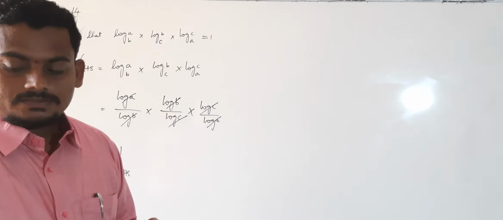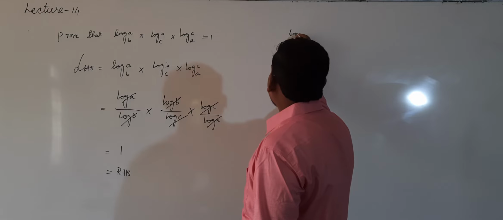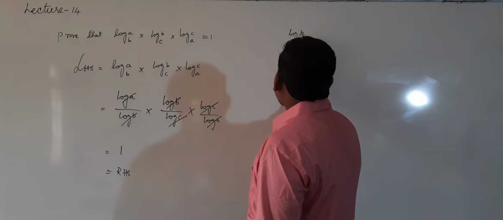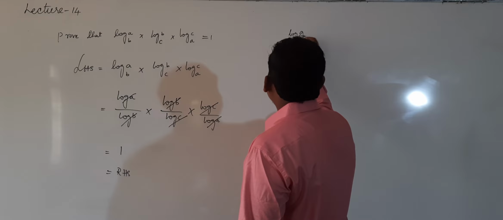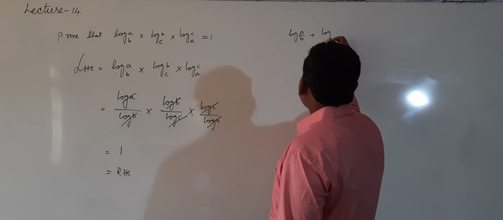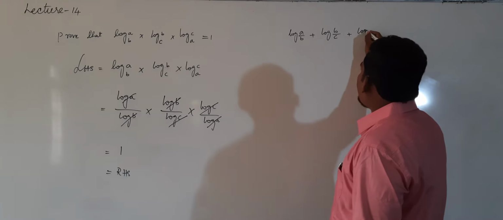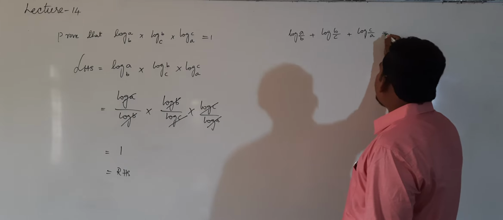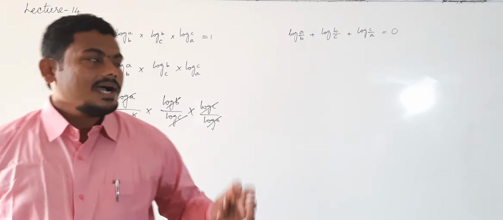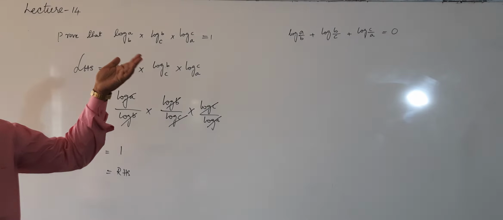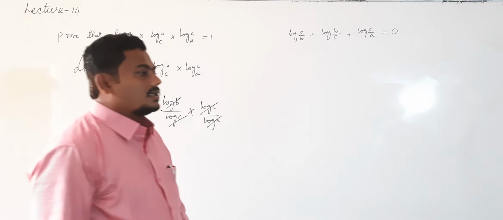Next problem. Prove that log a divided by b plus log b divided by c plus log c divided by a equal to 0.